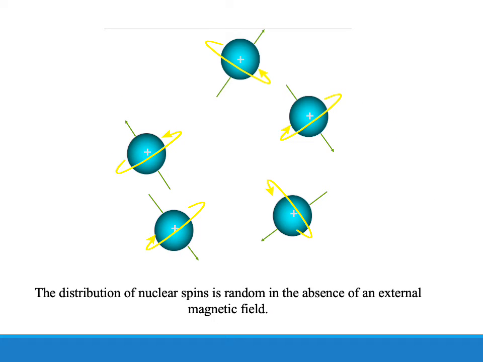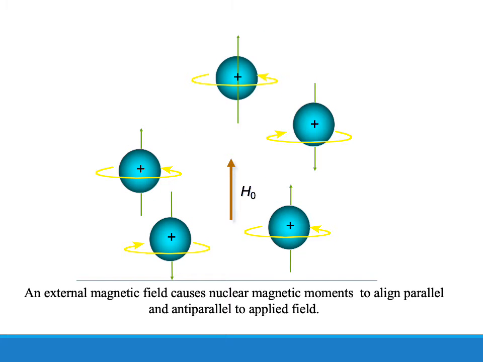So you see that they have different directions, and they are distributed randomly in the material. But when we apply a magnetic field, all of them are directed toward one direction.